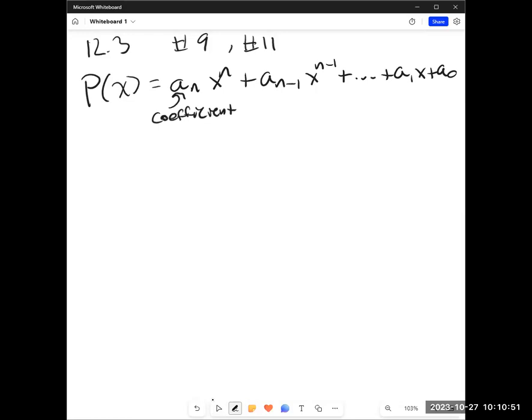And they're all real numbers. So these are real number coefficients. That's your variable. Notice this is a function, right? And n is a natural number. It's actually a whole number here.